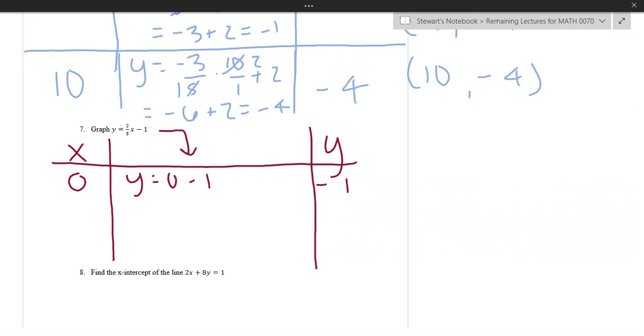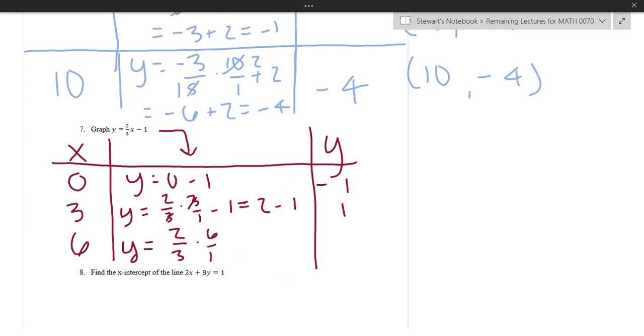In similar spirit to the last one, I want to clear this fraction out. So I'm going to pick 3 because 3 will clear the denominator out. So I have y equals 2/3 times 3 over 1 minus 1. This goes away. That's 2 minus 1, so that's just positive 1. And then if we pick 6, because it's a multiple of 3, we have y is equal to 2/3 times 6 over 1.